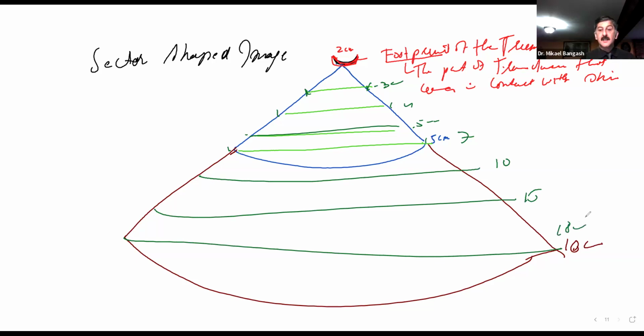Let's say it's 18 centimeters wide. So what do you see in a sector shape image? That the deeper and deeper you go, the area that's being scanned compared to the footprint of the transducer is greater, right?